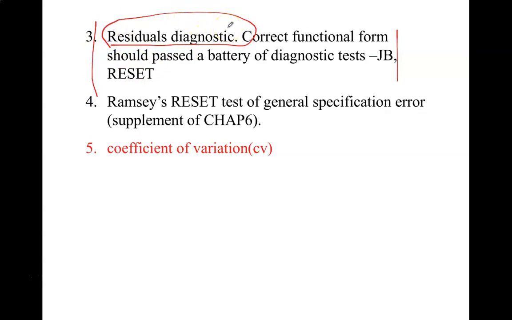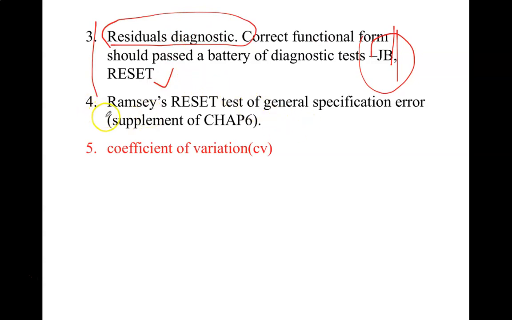After we estimate, we need to test whether the model is normal, whether the model passed the Ramsey reset, whether the model is stable, whether the model is free from autocorrelation, free from heteroskedasticity problem, or free from multicollinearity if you have multiple X in the model. The error term can be tested for normality using the Jarque-Bera test, and the Ramsey reset test is part of the functional form check.